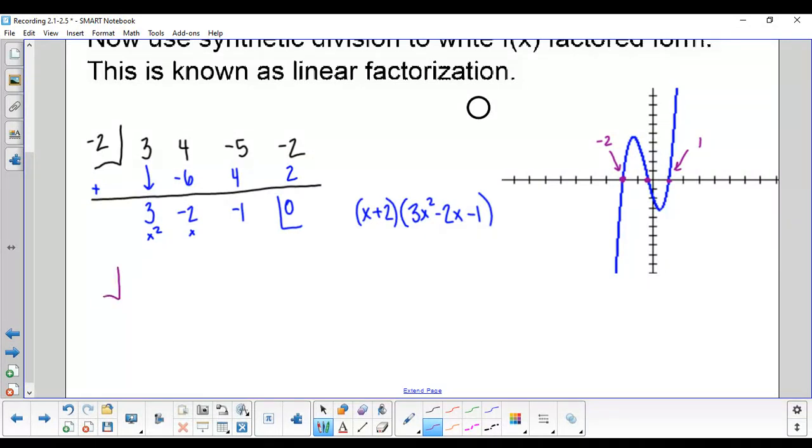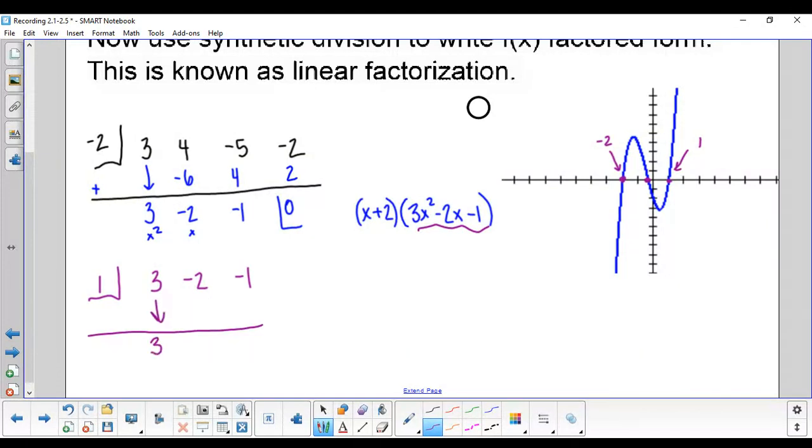This time I'm going to do synthetic division with 1 on my shelf. But instead of using my original polynomial, I'm going to use the quadratic that I was left with. So my top line will be 3, -2, and -1. This is going to allow me to factor this without ever factoring.